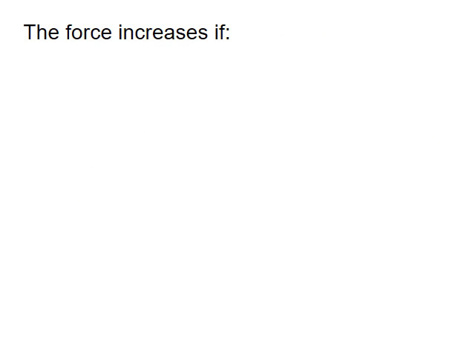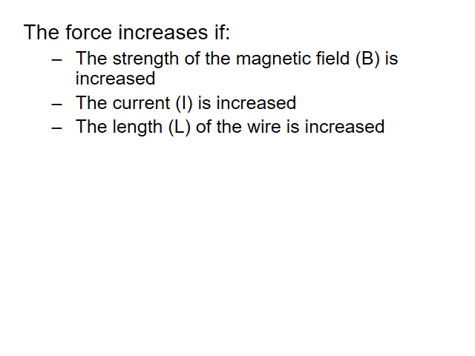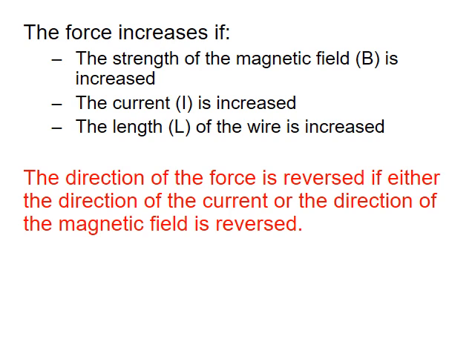Okay, so this force increases in three different ways: if the strength of the magnetic field B is increased, if the current I is increased, and finally if the length L of the wire which is in the magnetic field is increased.